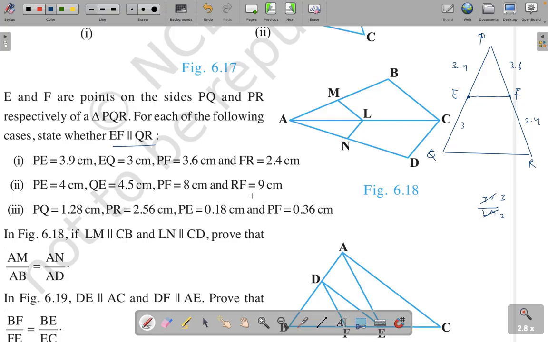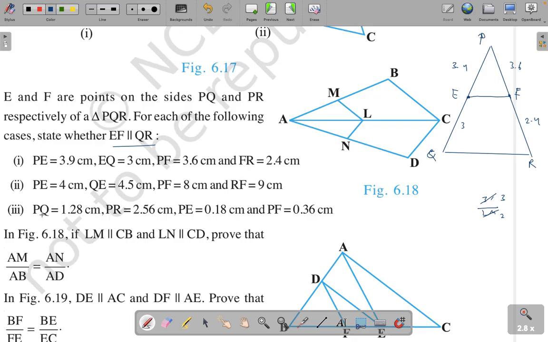Yes, they are proportional. Why? Because the ratio of the full sides, PQ upon PR, is 1 upon 2, and the half sides, PE upon PF, is still 1 upon 2.